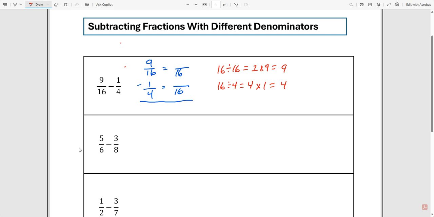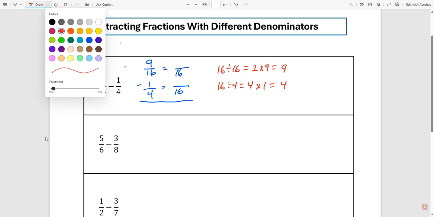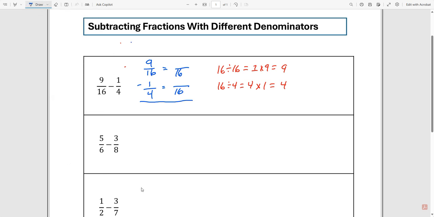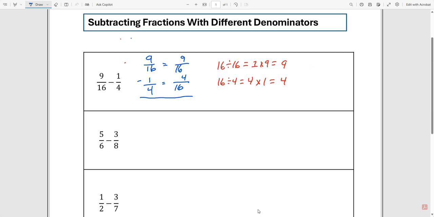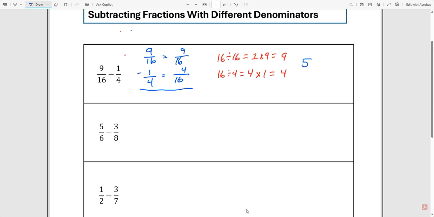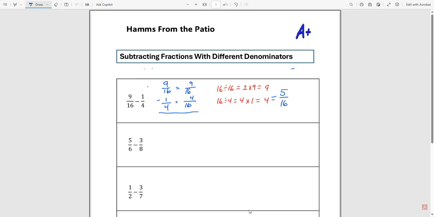And so then now we can just subtract the numerators. We have a 4 here and a 9 here, and we subtract the numerators. 9 minus 4 is 5. And so therefore, our answer ends up being 5/16 when we finish.